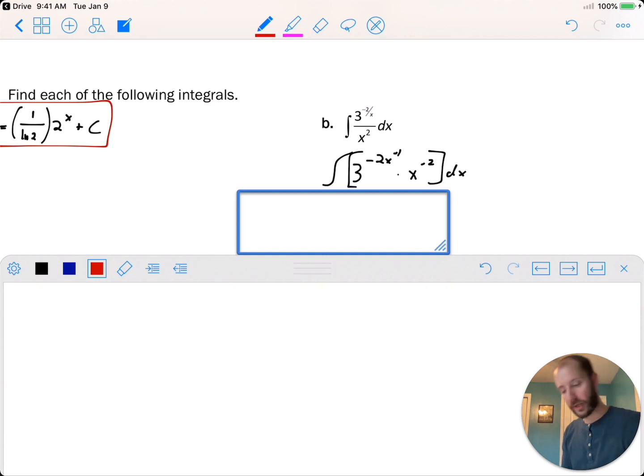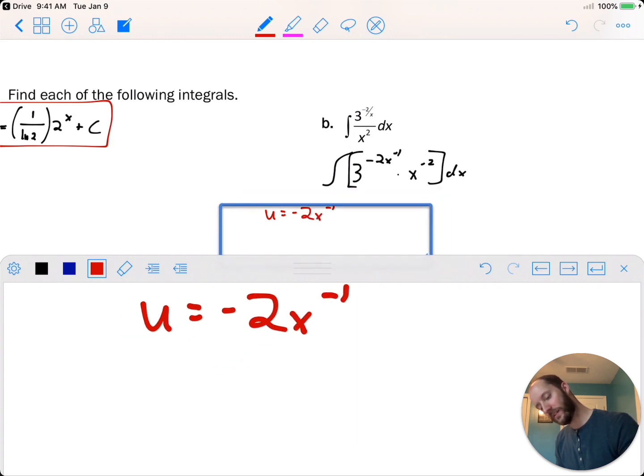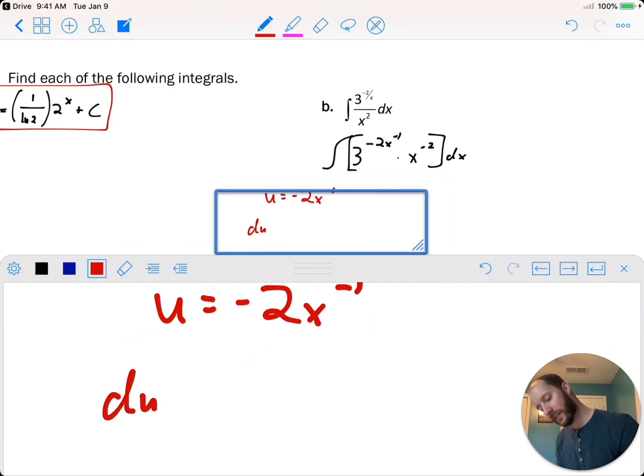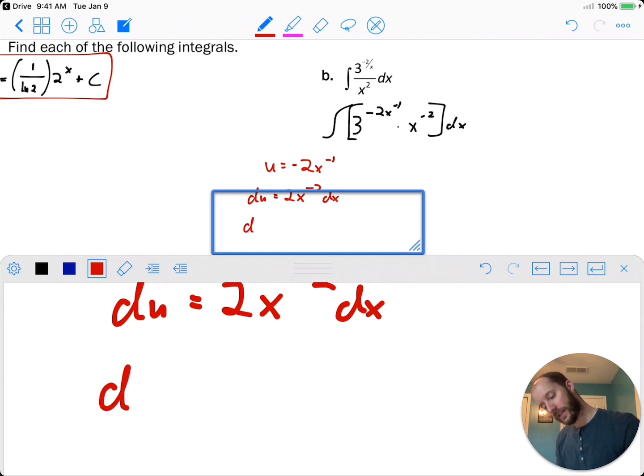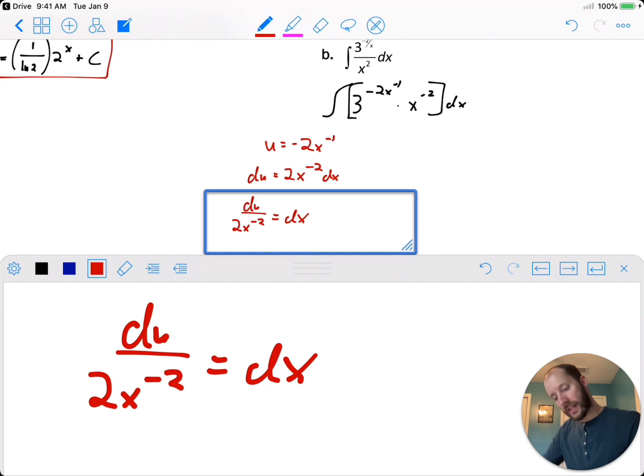Could be a u-sub problem. u is negative 2x to the negative 1. du, bringing the negative 1 down, so 2x to the negative 2 dx, and du over 2x to the negative 2 equals dx.